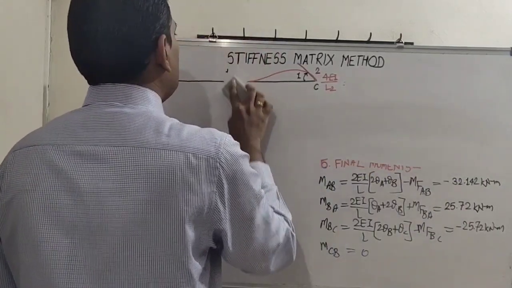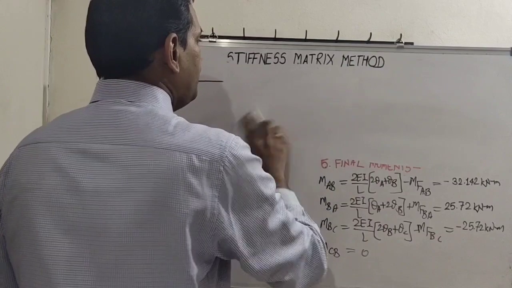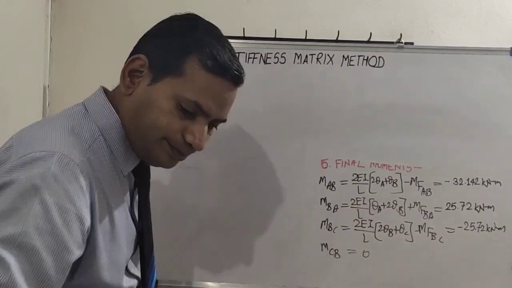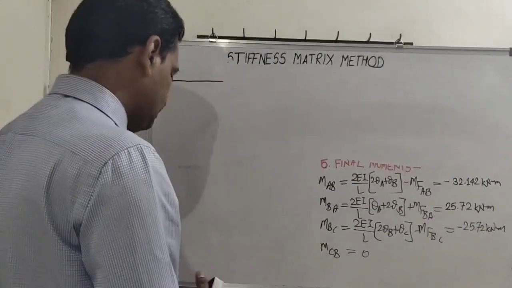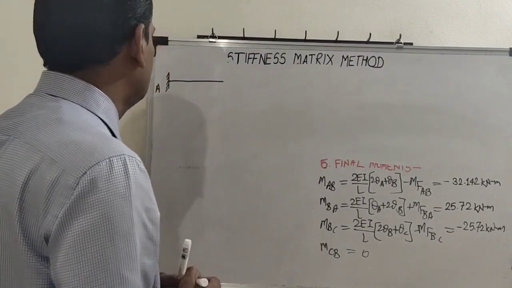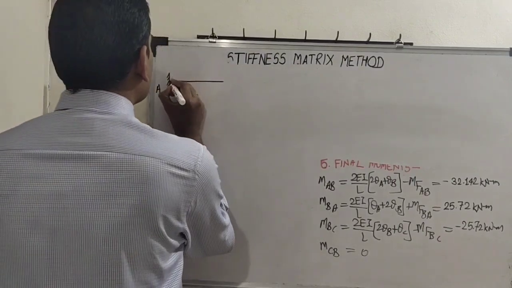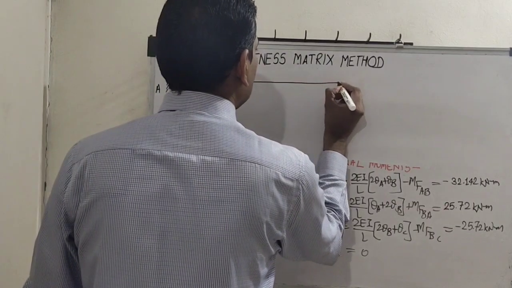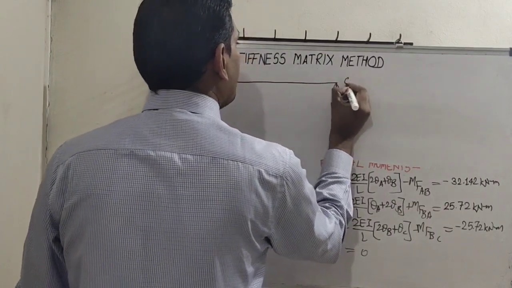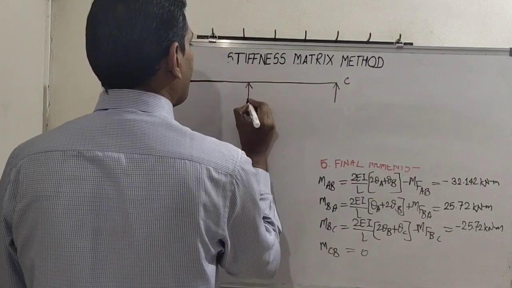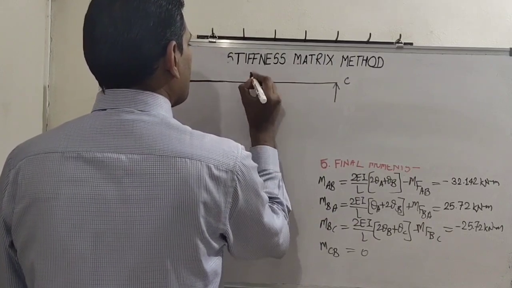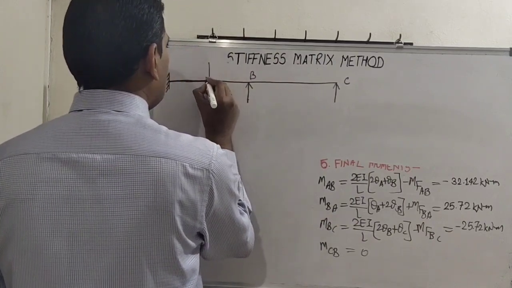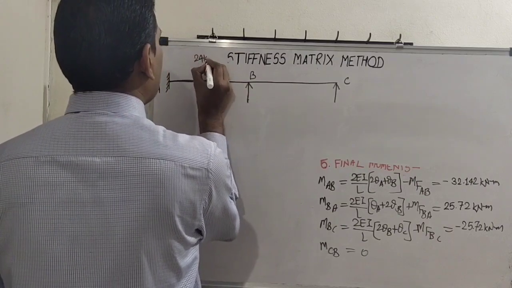So first of all, we shall show these final moments in the diagram. So this is our loading diagram. Here is external load 24 kilonewton.